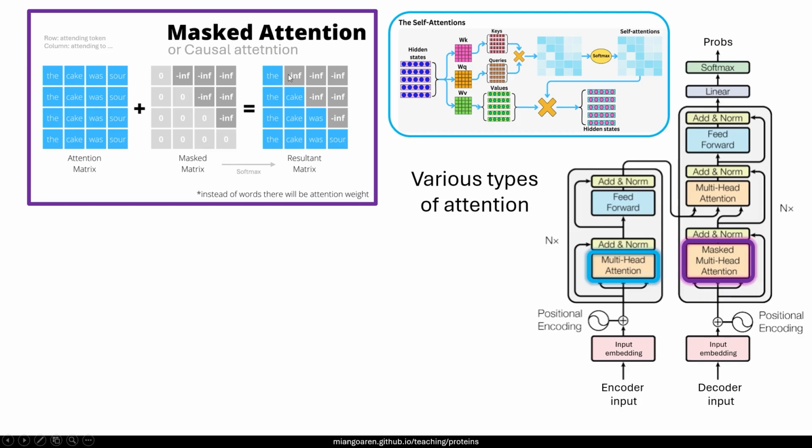It has no prior information here, as in "the cake", or "the cake was", or "the cake was sold". As you can see, we are not accessing all the information that we would have when we are not masking, because in those cases we can access these pairs of words, but in this case not, given that what we want is to hide that information so that the model learns information-rich representations.